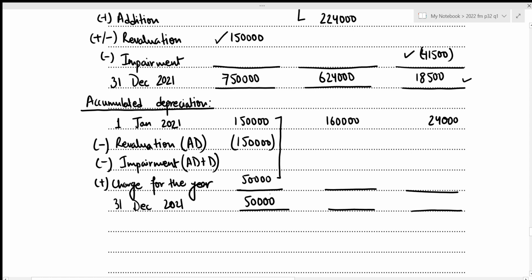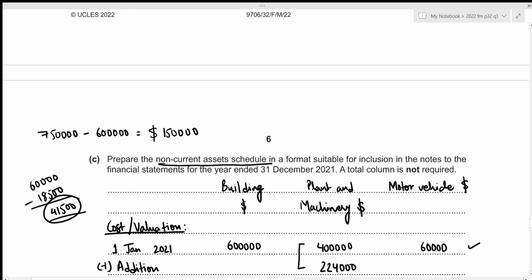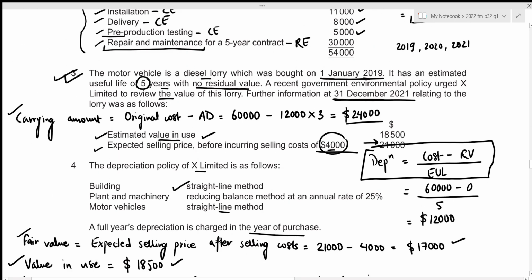Now let's move towards our plant and machinery. There was new addition, so we also need to incorporate that while figuring out the charge for the year. So the basis for depreciation for plant and machinery is given to be reducing balance method at an annual rate of 25%, which means that we need to apply this rate of 25% to the net book value. Let's do that.